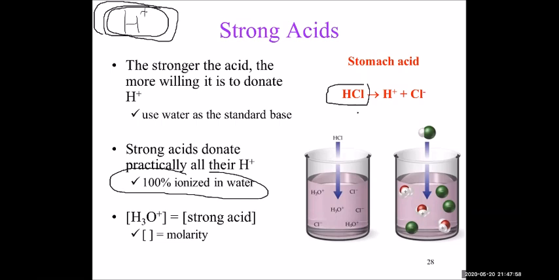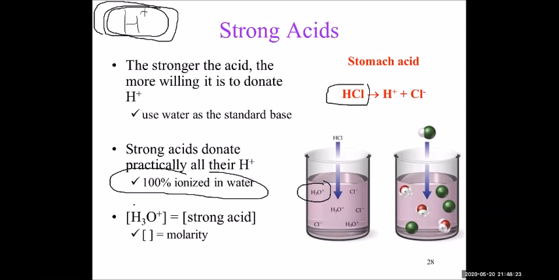So basically, water will take the proton from the hydrochloric acid and become hydronium. And once HCl loses hydrogen, only the chloride ion remains. So this is 100% become ions, and that's what we call a strong acid.